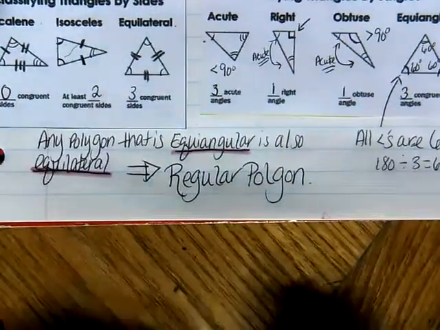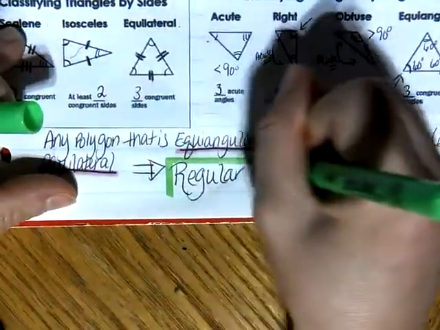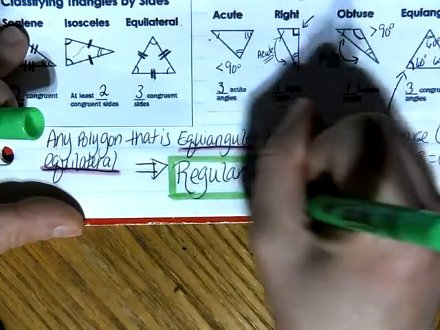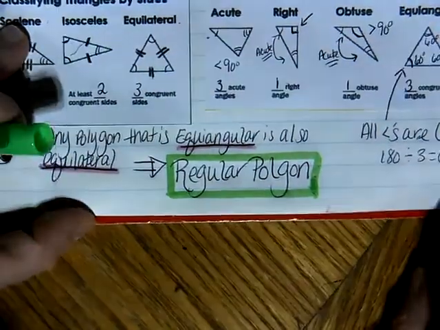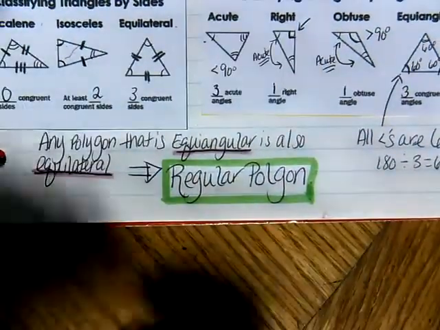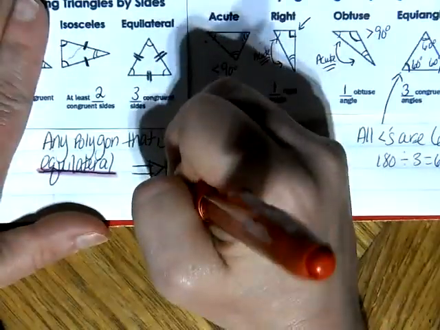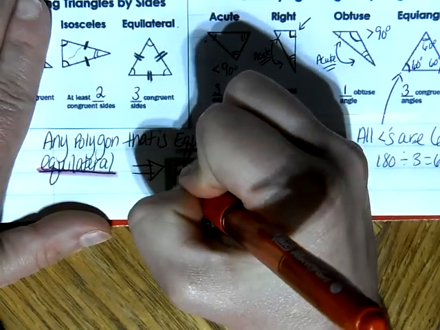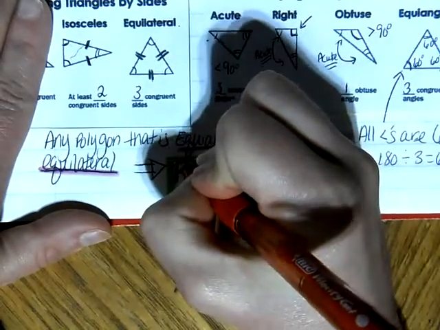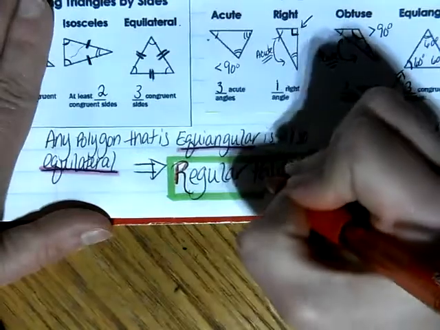Regular meaning the sides are congruent and the angles are congruent to each other. We call it regular. And we are going to be working with that word regular a lot, especially as we get into other units. We'll be talking about what it means to be regular.